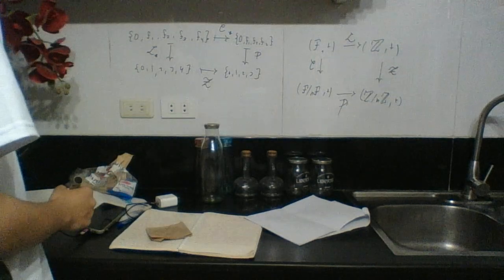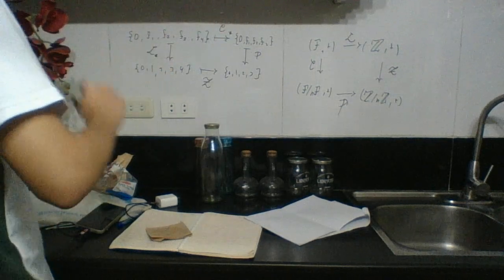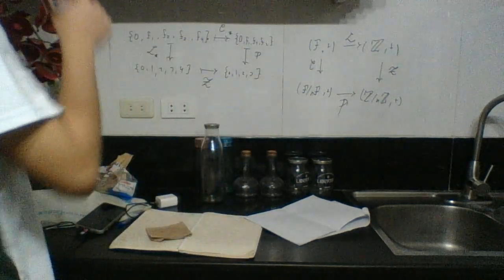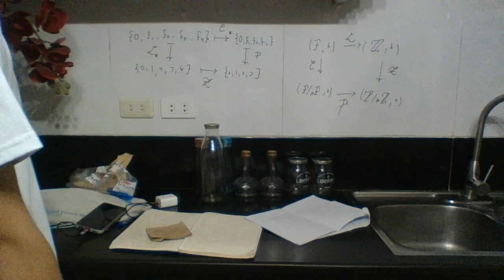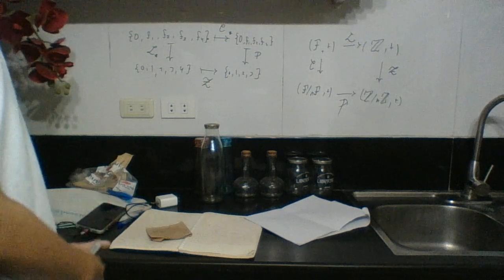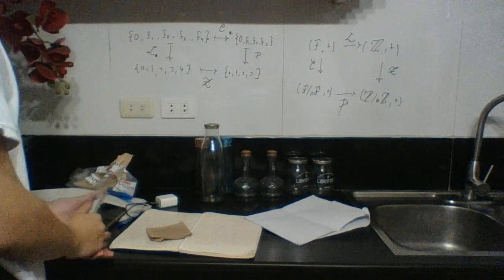And then the mapping over here is just P. And then the operation of addition carries on over. So that's one example at least, for the case F mod 4, or the fourth femboy, and Z mod 4.